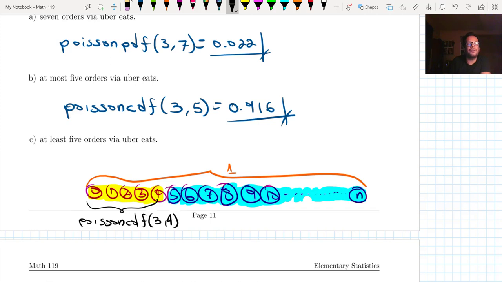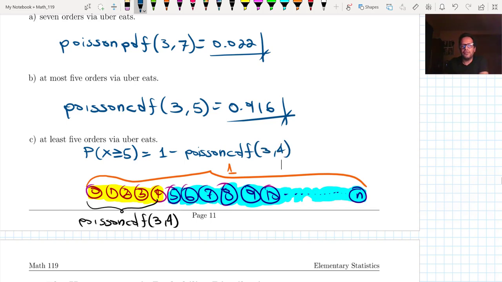So in order to get this, at least 5 orders, P of x greater than or equal to 5. That is at least 5. So it's 5 or 6 or 7, 5 or more. That's another way to word it, 5 or more. It will be 1 minus Poisson CDF of 3, 4.